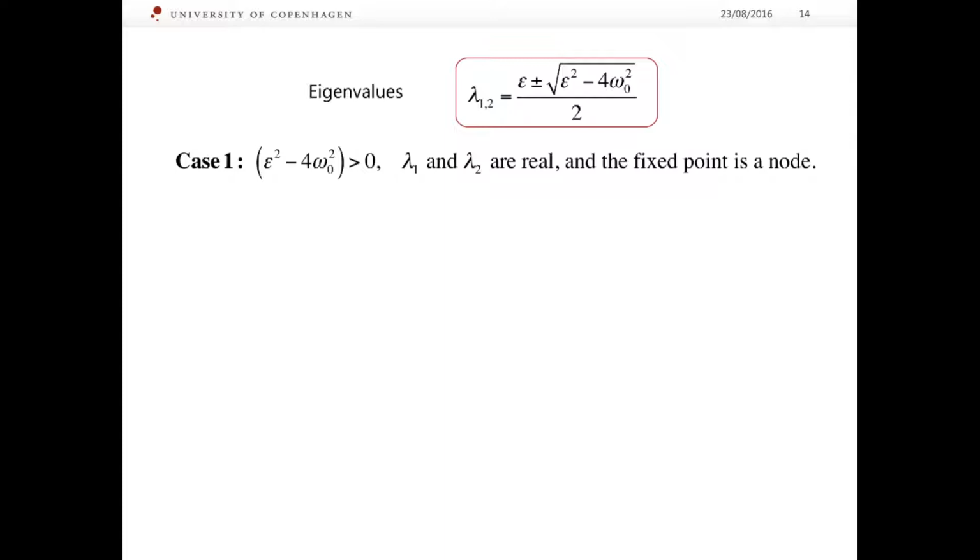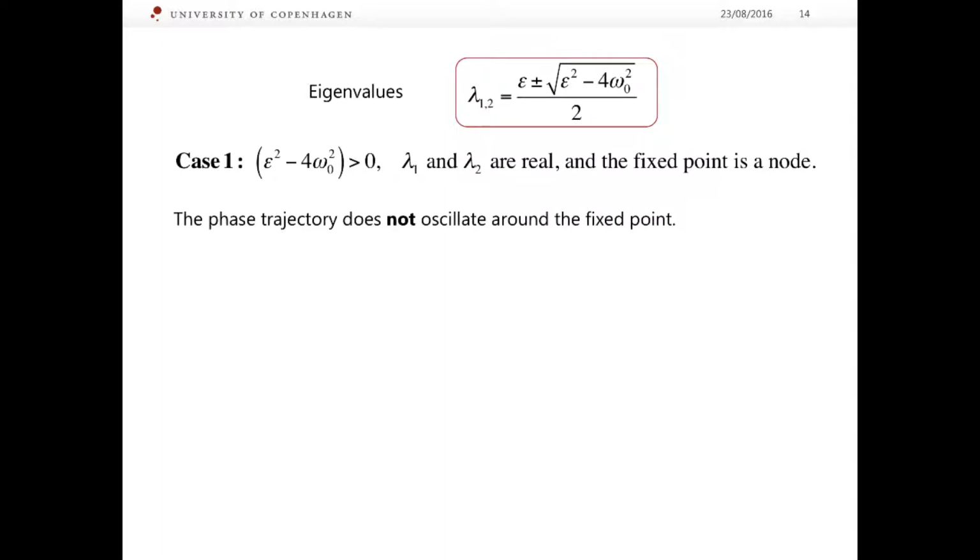Then epsilon is a real number, and we need to add or subtract from it another real number. This means that both eigenvalues are going to be real. In that case, the respective fixed point is going to be a node. Stable or unstable, we will find out.